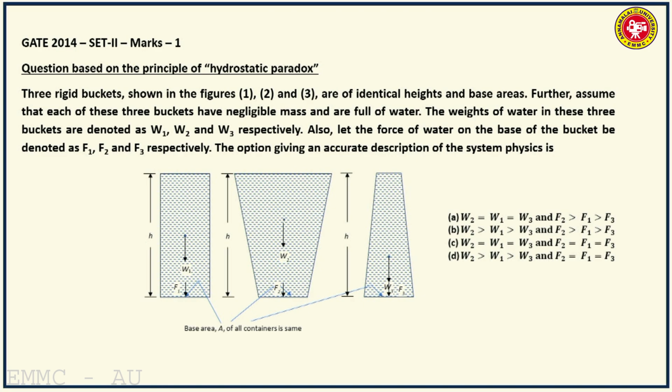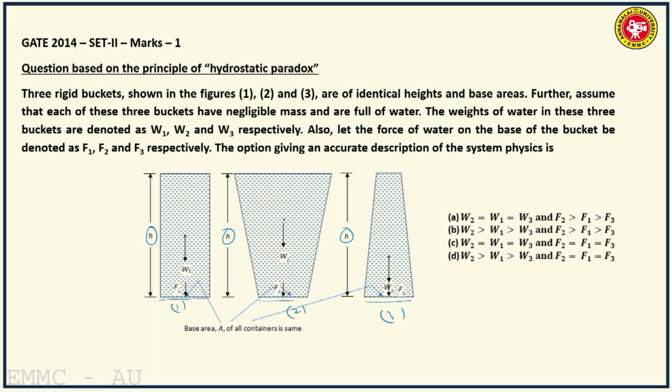So this is in GATE 2014 in set 2 with 1 mark. This is a question based on the principle of hydrostatic paradox. So we have 3 rigid buckets shown in figures, this is 1, this is 2 and 3, of identical heights h, and identical base areas.